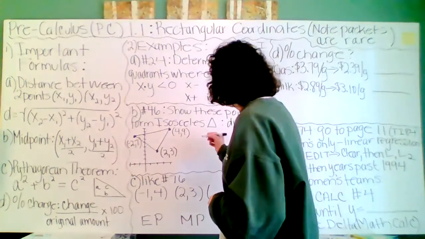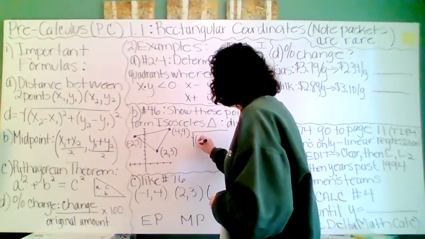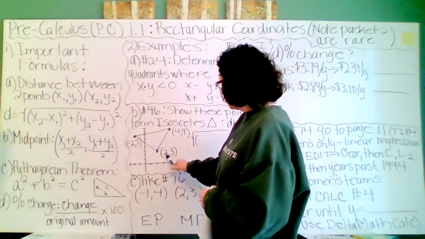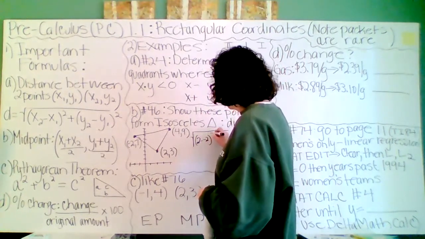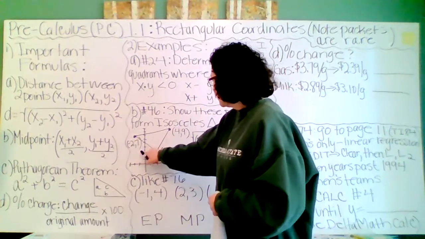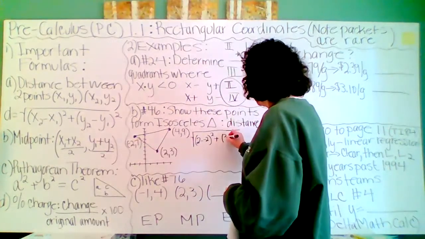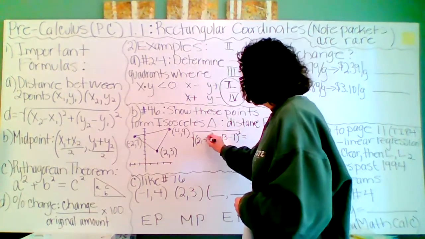Let's go ahead and do that, okay? So I'm going to use the distance formula: x2 minus x1 squared plus y2 minus y1 squared. Here, this is a positive 4.